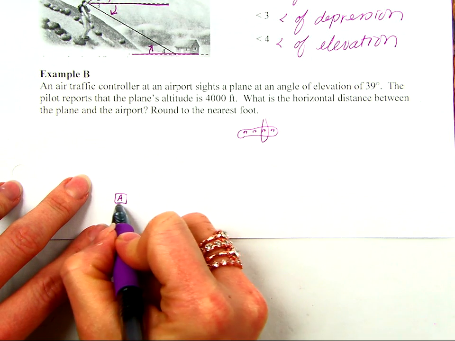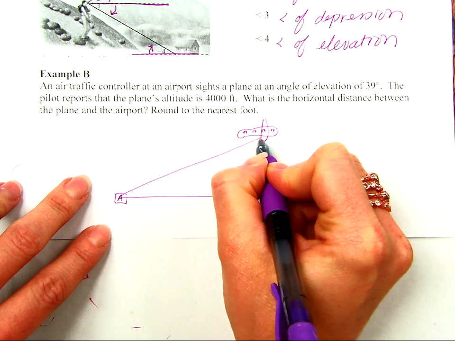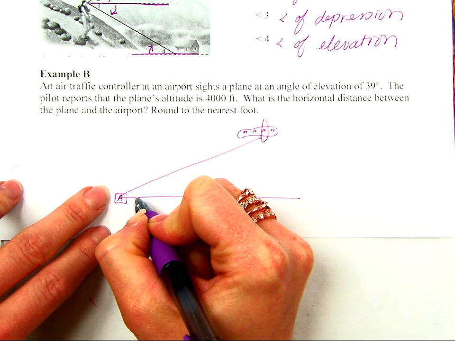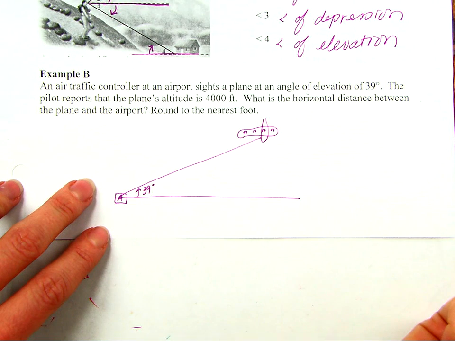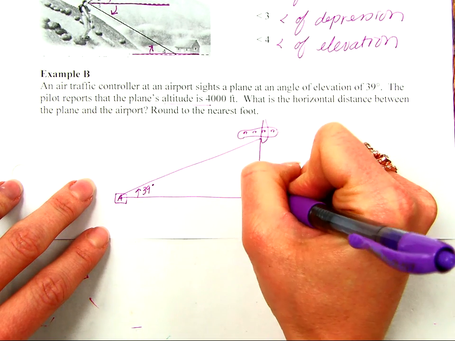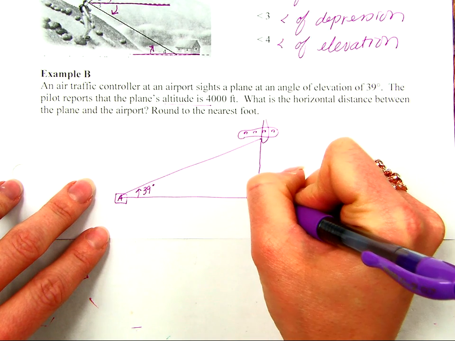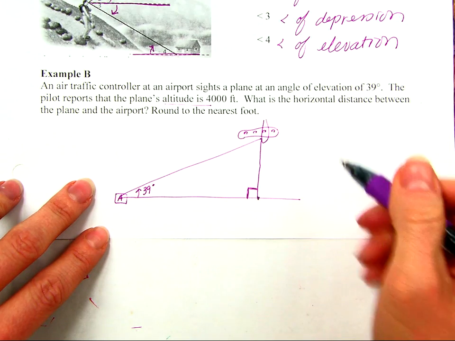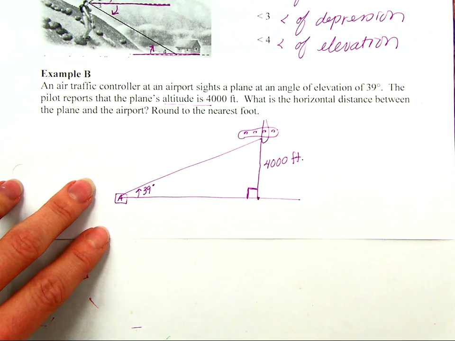So if this is my horizontal here, and they're sighting my plane, the angle of elevation would be this angle right in here, 39 degrees. Now it says my plane has an altitude of 4,000 feet. Well, the word altitude means height, and so if I'm going to label that, altitude has to meet my horizontal at 90 degrees, and so this is what we would consider the altitude.